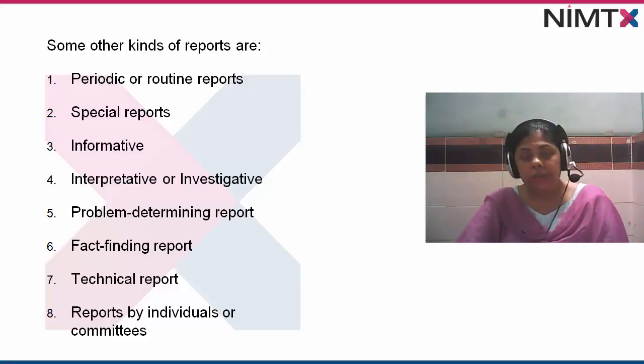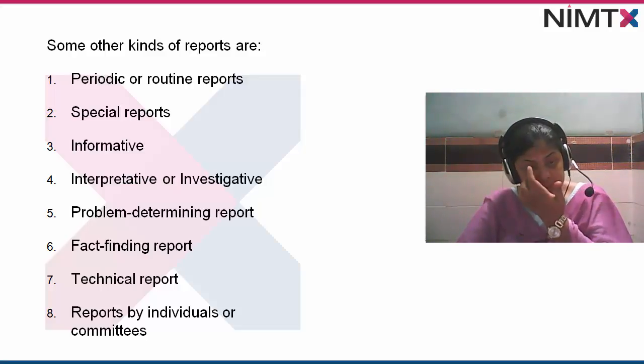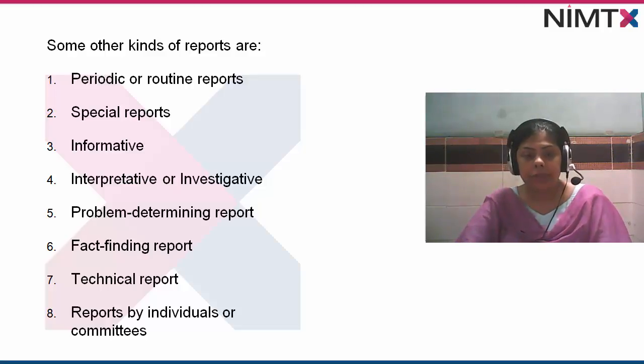When the investigating agency gives a report, that is the investigative report, because whatever facts they get from the black box recording, they analyze it. That is the fact that they have got. They analyze that fact and then they draw conclusions. This is how an investigative report is made.